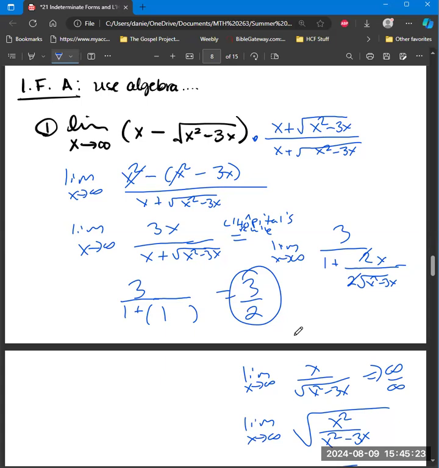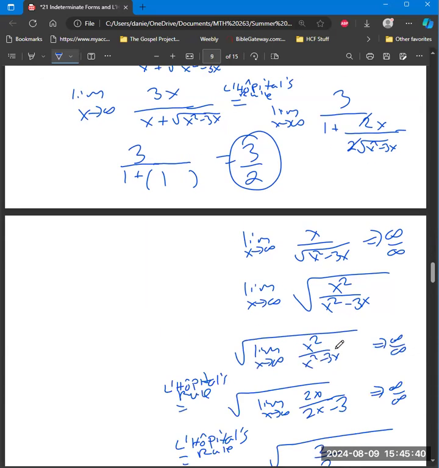We could have just divided everything by x to start off with. That's basically what I did down here.